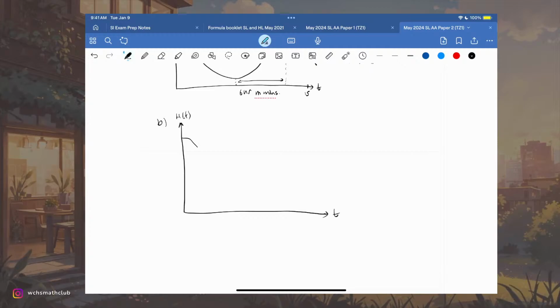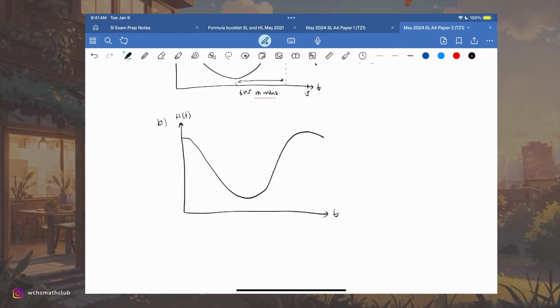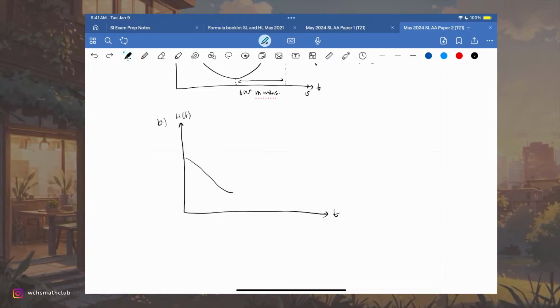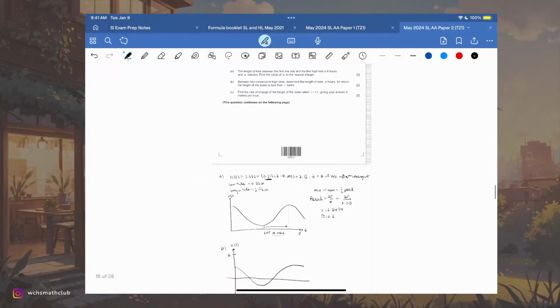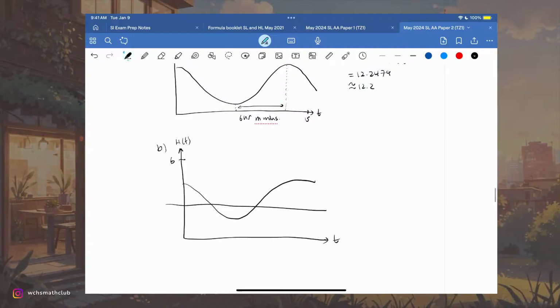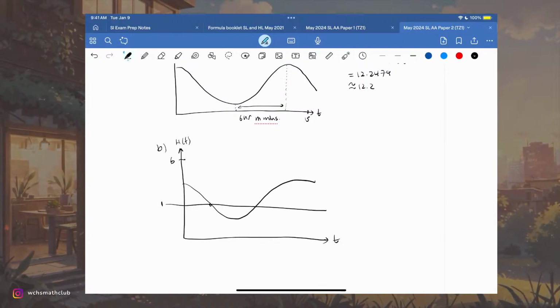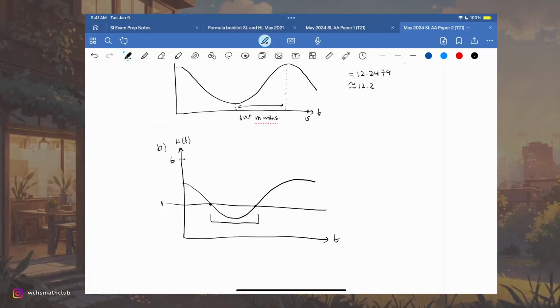Then the graph will look somewhat like this. Well, actually, this is a bit high. We can put it like this, with 6 up here. And we're looking for 1 meter. The 2 points here are what we're looking for, and we want the distance between these.